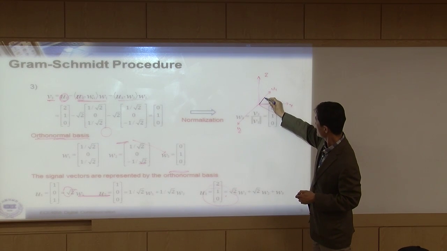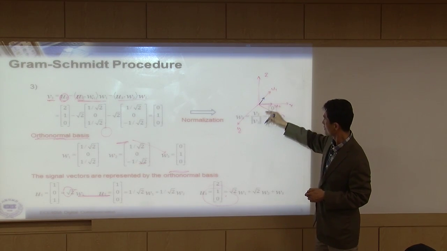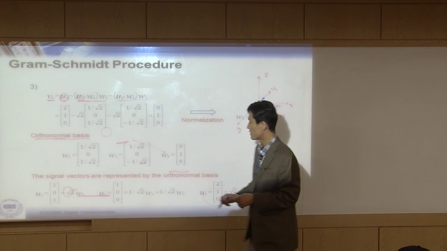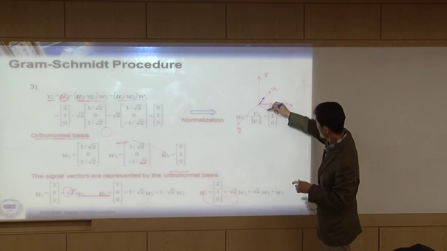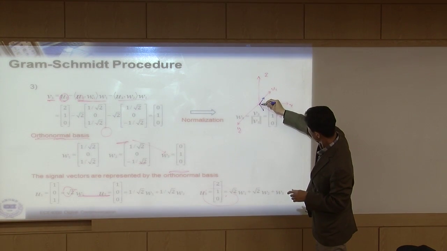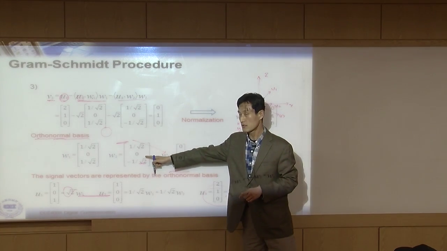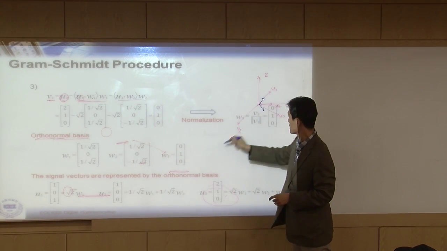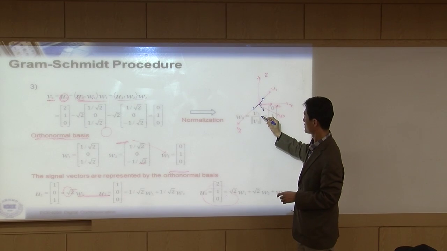Like this is one basis, this one, W1, and that is another basis, which is 90 degrees. That is this one, and this is that basis, right? Again, 90 degrees, 90 degrees.